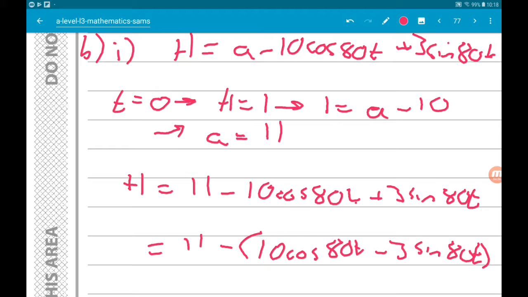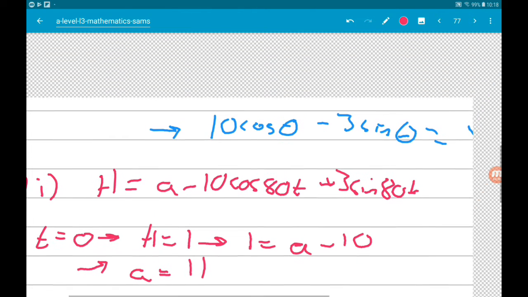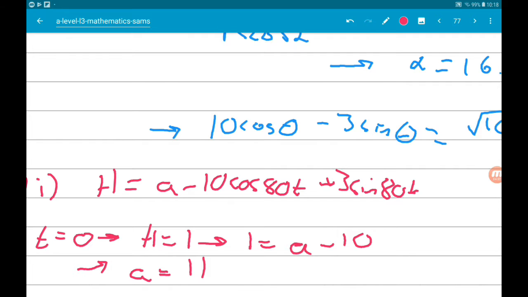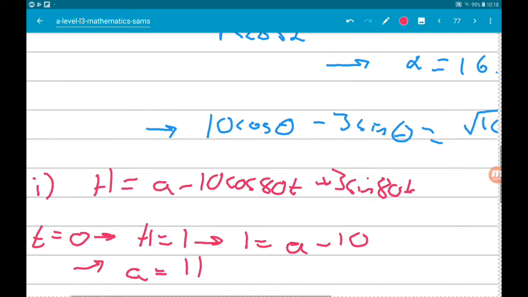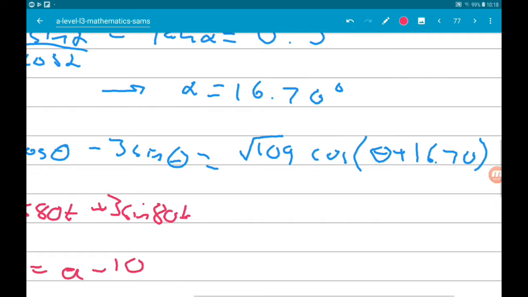Now we know that when we just had theta, that can be written as root 109 cos of theta add 16.70. All that's happened here is theta is now 80t.